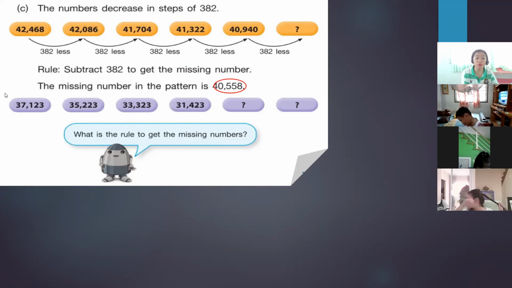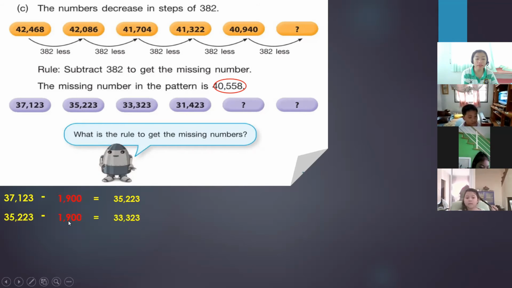So let's try to do this one. What are the missing numbers here? Let's start with 37,123 minus 1,900 is equal to 35,223.